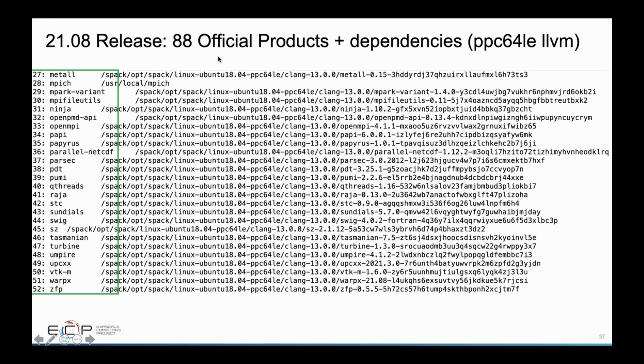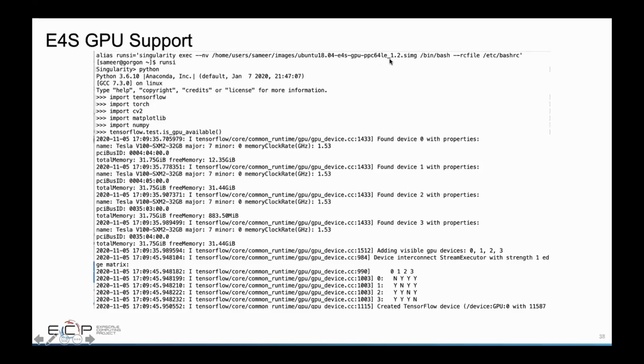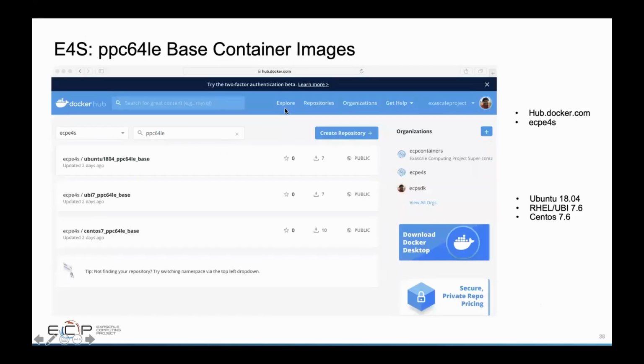We have GPU support, and you can see over here that this is version 1.2, where I can just say import TensorFlow, PyTorch, OpenCV, Matplotlib, NumPy. If I say TensorFlow test is the GPU available, I can see the 4 V100 GPUs listed over here. So this allows me to just immediately install one particular package, the Singularity image, and run it like this, and then it will get access to all the GPU runtimes.